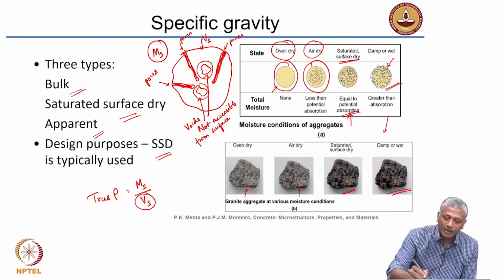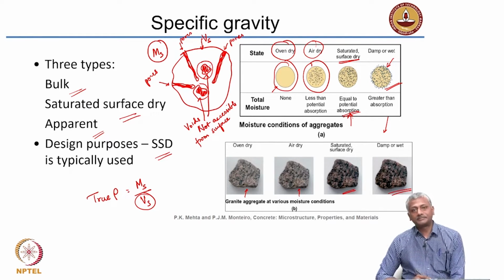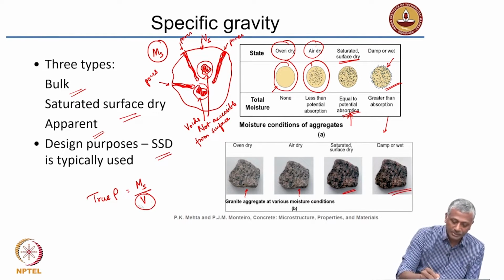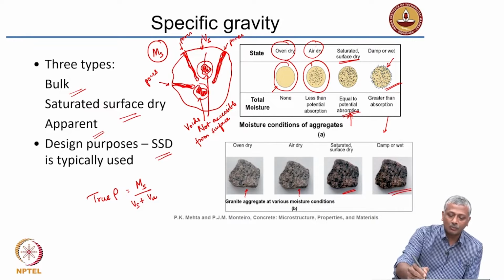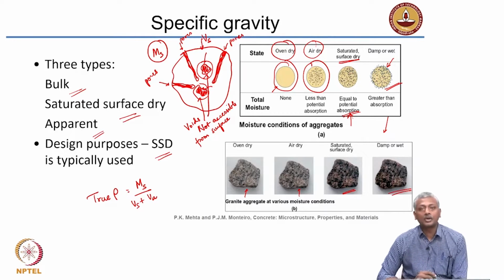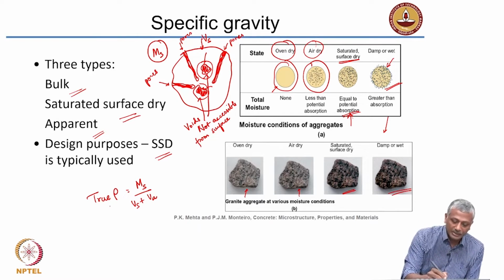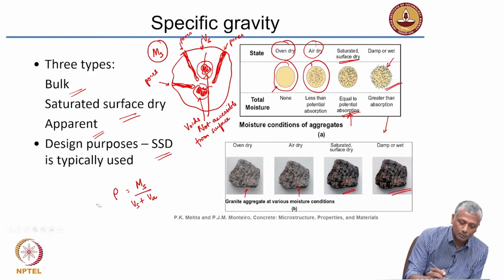Because these voids that are there inside, which are inaccessible from the surface, you can never determine their volume accurately. So, what will happen is, in most cases, you will get solid volume plus the air volume that is filled inside these voids, the total volume of air that is filled inside the voids inside. Okay. So, that is why we do not call it true specific gravity or true density, we call it apparent density.